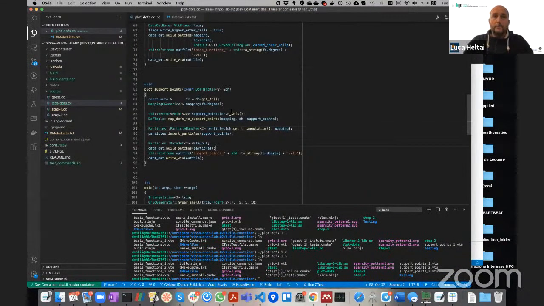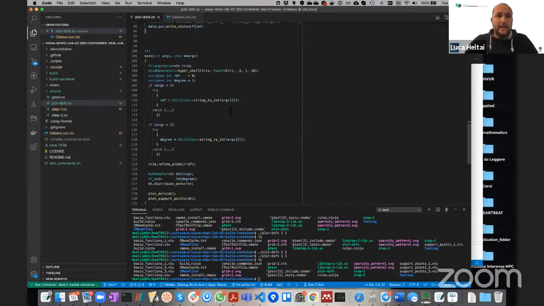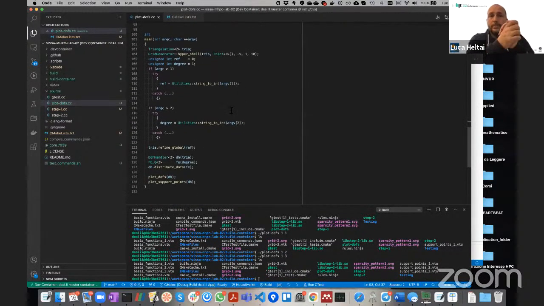Yes. Okay. So I've made basically a modification of step 2. The modification of step 2 is intended to plot degrees of freedom associated to a hypershell in which I distribute a finite element of degree FEQ of degree.